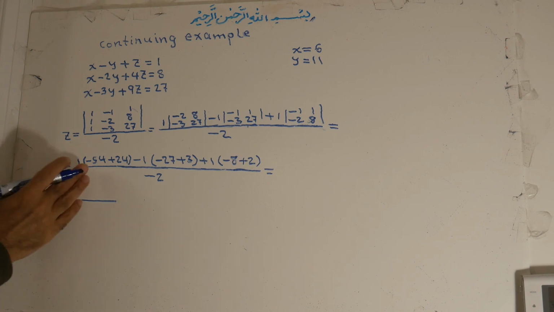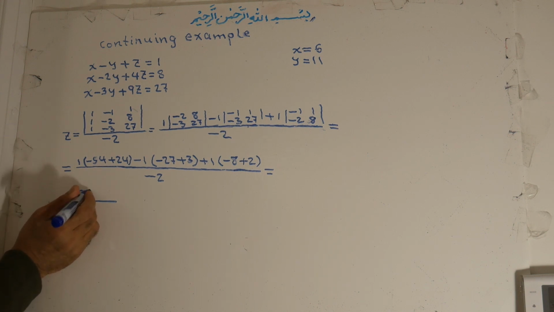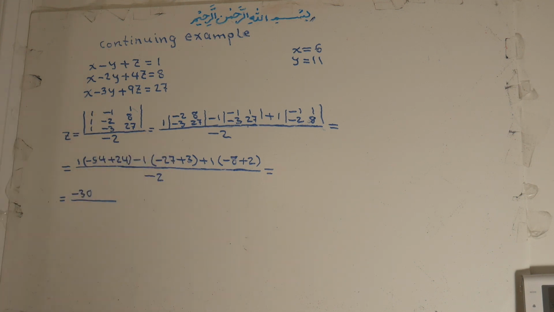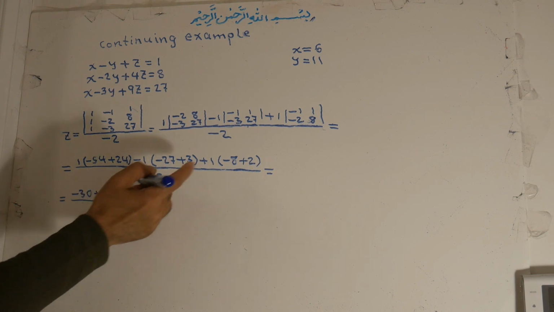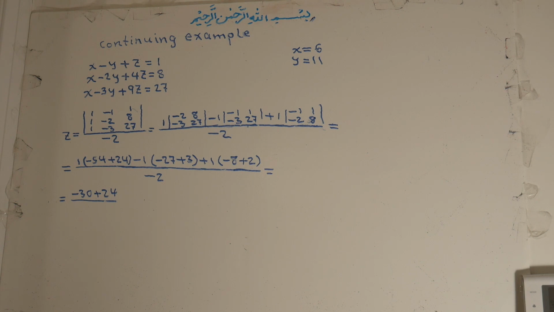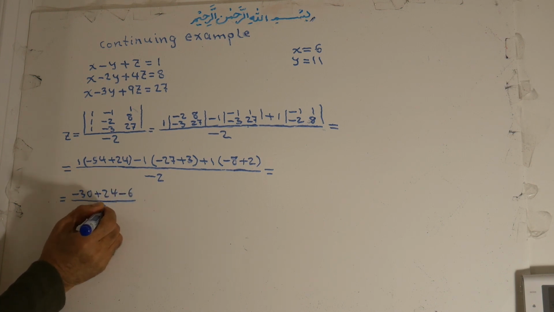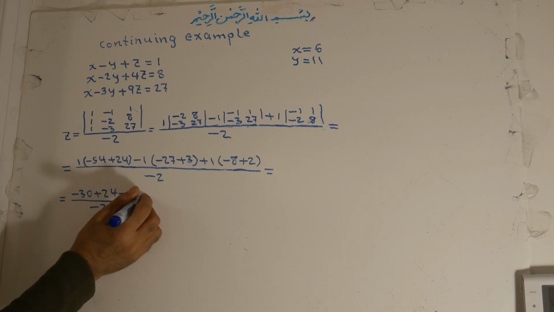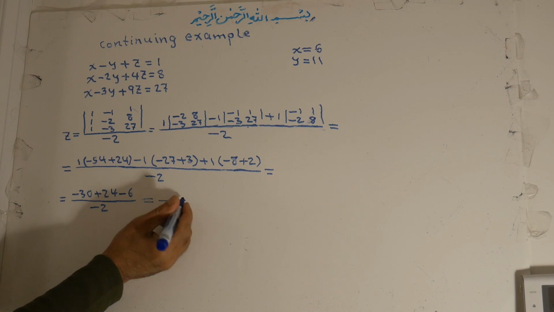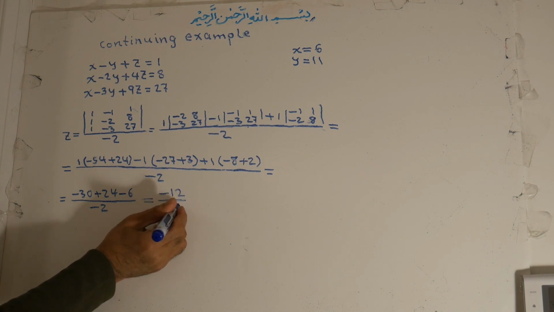And that is equal to minus 54 and plus 24 becomes minus 30 times 1 is minus 30, minus 27 and plus 3 becomes minus 24, negative times negative is plus 24, and minus 8 and plus 2 becomes minus 6 times 1 becomes minus 6, over minus 2. Now minus 30 and plus 24 becomes minus 6, minus 6 and minus 6 becomes minus 12, over minus 2.